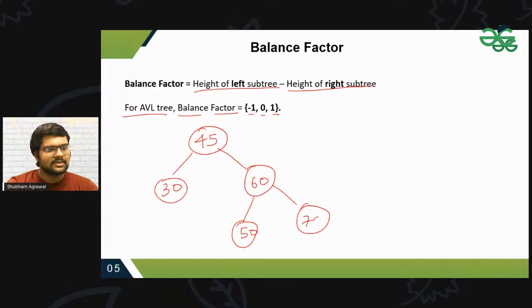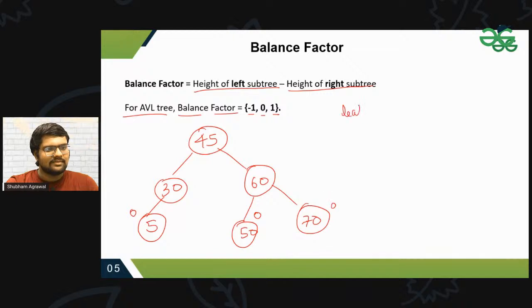Here the balance factor of this node, since it has no left child and no right child, would be 0. Now we have this node. Here also there is no left or right child, so the height of the left and right subtrees will be 0, so it will be 0 minus 0, which is 0. So the balance factor of a leaf node is 0.